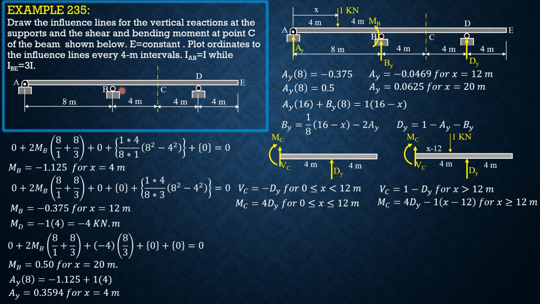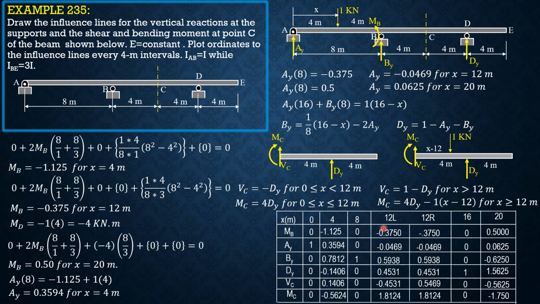So from here, all the required response functions are already set up, then we can plot ordinates to the influence lines of these respective response functions. Beginning with MB, although MB is my chosen redundant and not required here, only these 5 functions. Anyway, when x is 0, MB is 0. When x is 4, MB is negative 0.125. When the unit load is over B, MB is again 0.